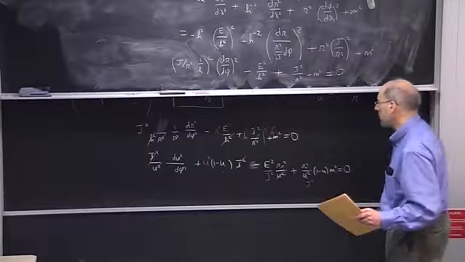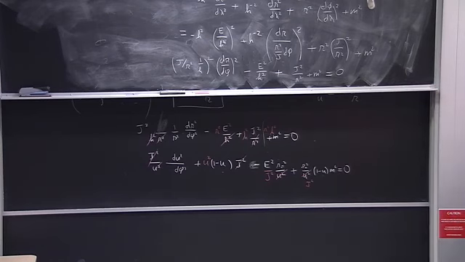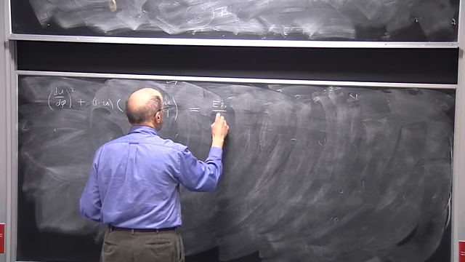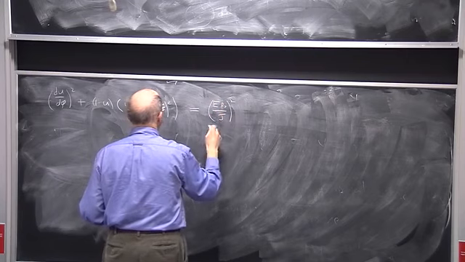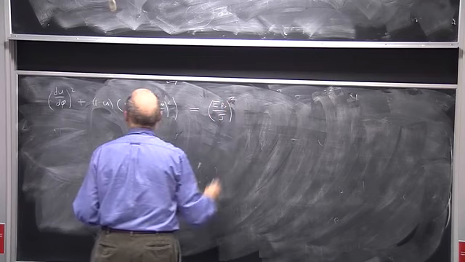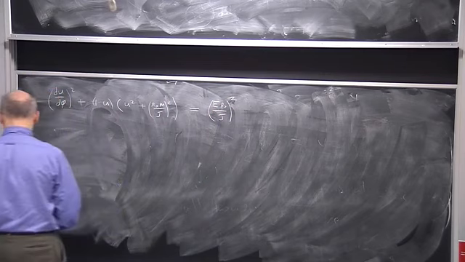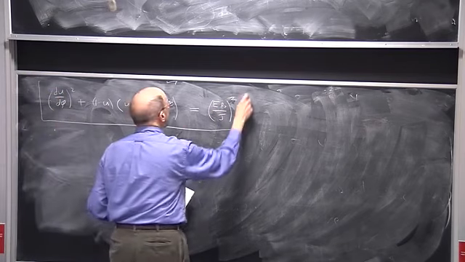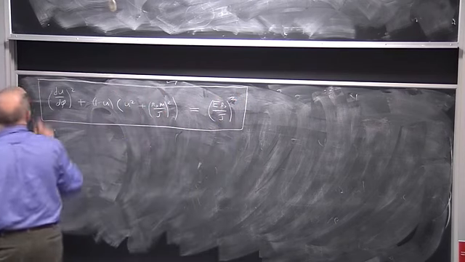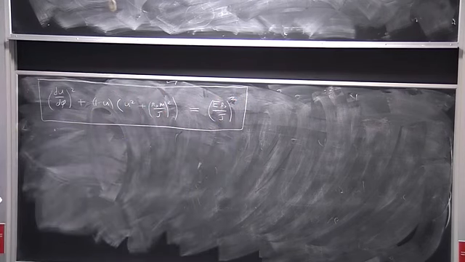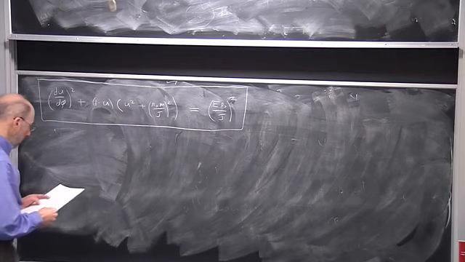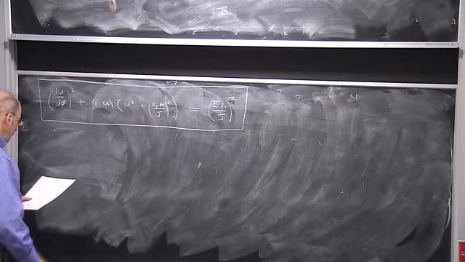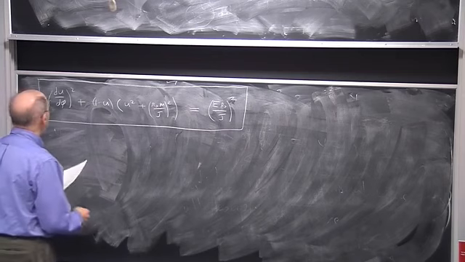We can put this on the right-hand side, and it'll be e r naught over j squared. Now, so that is the basic equation. I mean, that's just this equation we had before, but now in nicer variables. So all we have to do now is analyze the solutions of this equation in some suitable approximation. So let me give this a name.